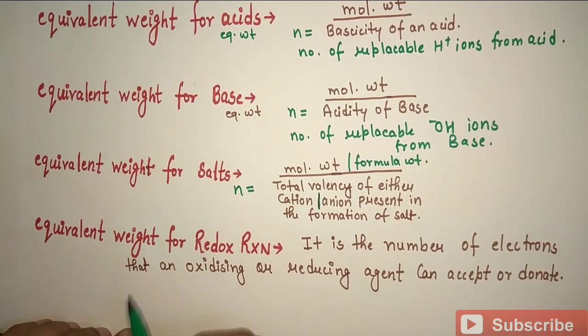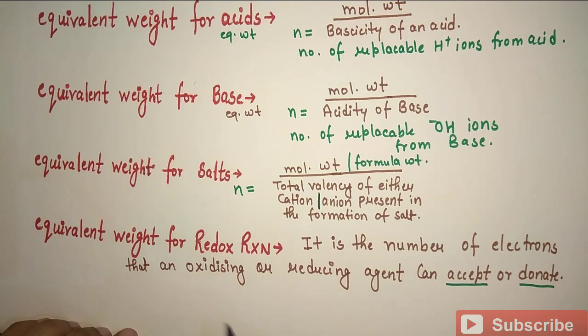Now, if we have to find out the equivalent weight for the redox reaction, that is, where oxidation and reduction both occur, it is the number of electrons that an oxidizing or reducing agent can accept or donate.